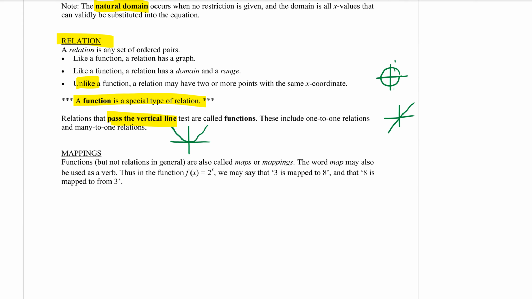Okay? I could choose x is equal to 1 or x is equal to minus 1 into my basic y is x squared parabola, and both of them would give me the answer for a y value of 1 up here. Yeah, so that's in y equals x squared. If I had 1 squared, I get 1. Negative 1 squared also gives me 1.